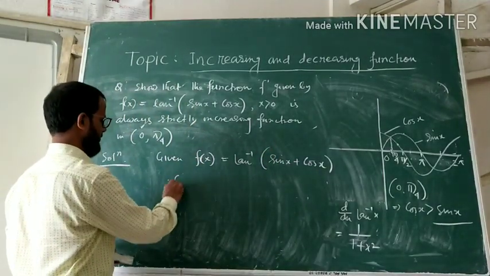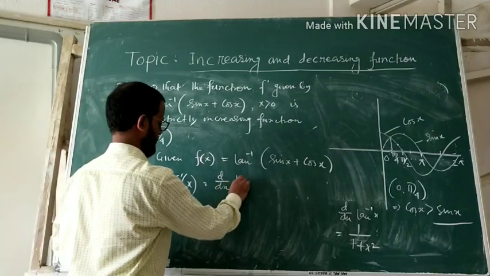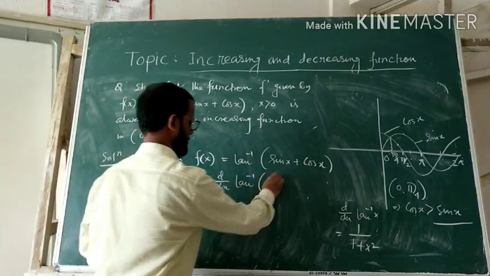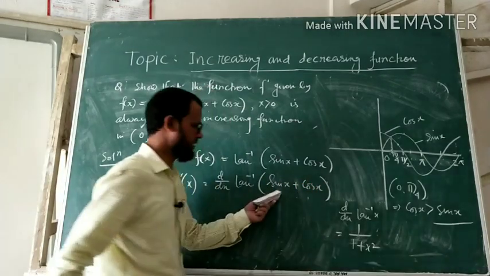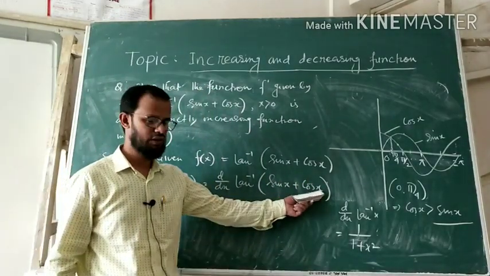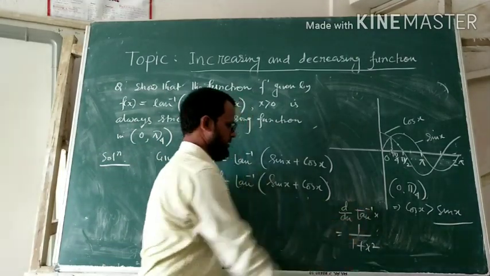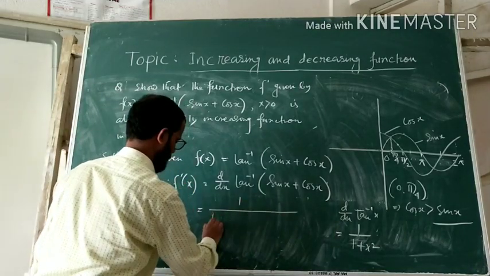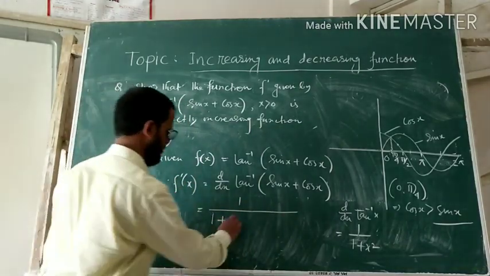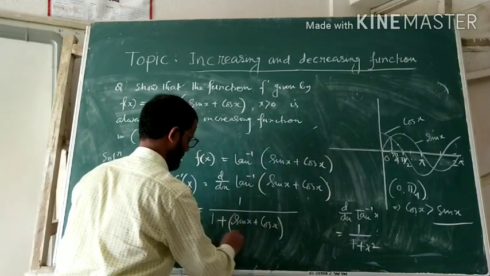So what will be f dash x? d/dx of tan inverse (sin x + cos x). If you imagine this as x, it converts into the standard derivative, so the formula gives 1 by 1 plus (sin x + cos x) whole squared.